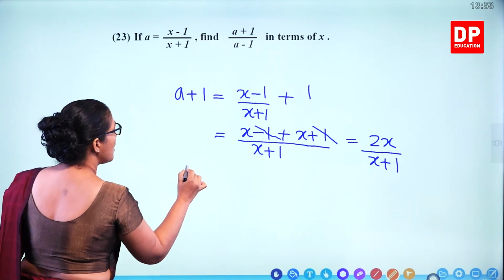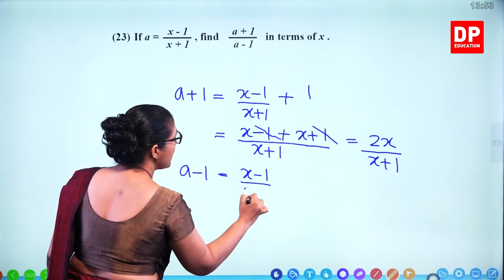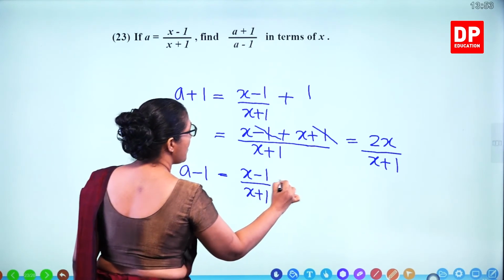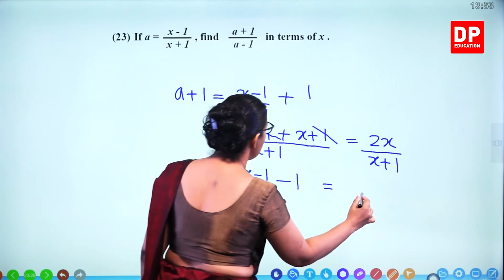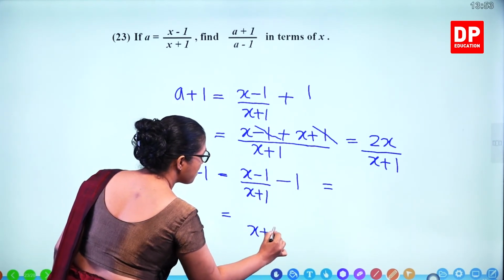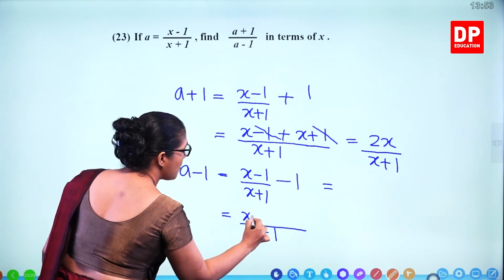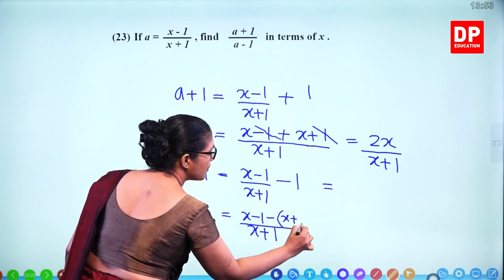What's a minus 1? x minus 1 over x plus 1, minus 1. Now take the common denominator. We'll do it here. x minus 1 minus x plus 1.